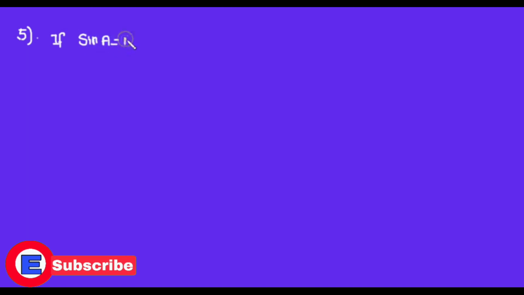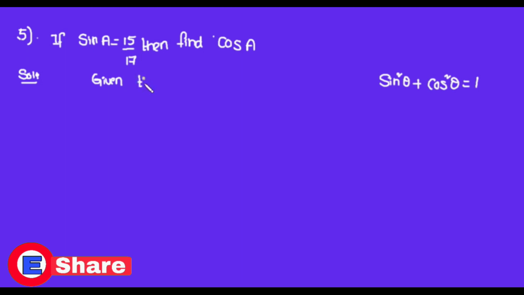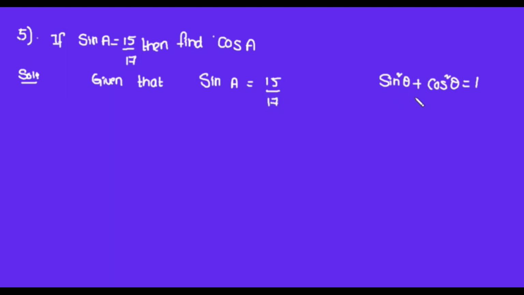Problem number 5. If sin A is equal to 15 by 17, then find cos A. Solution. Given that sin A is equal to 15 by 17, we know that sin square theta plus cos square theta is equal to 1.